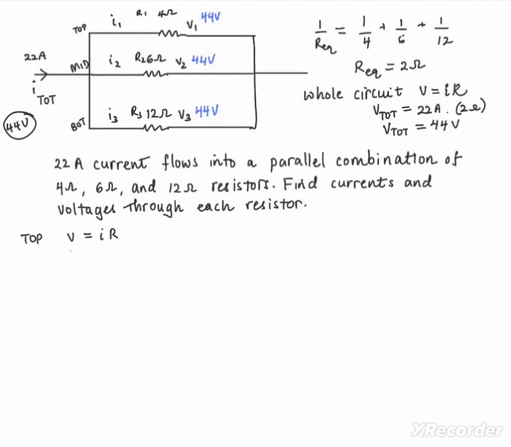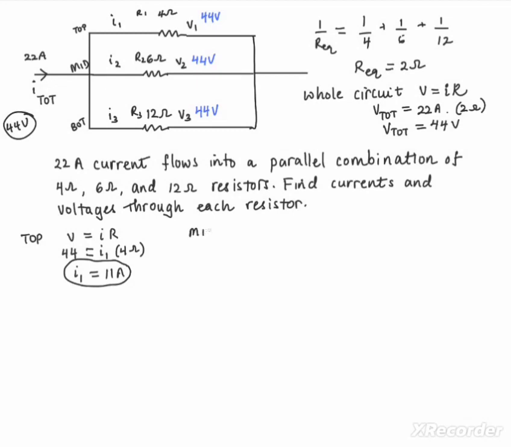So V is V1, which is 44 volts. I1 is what we need to find, and then R1 is 4 ohms. That gives us I1 equals 44 divided by 4, which is 11 amps.